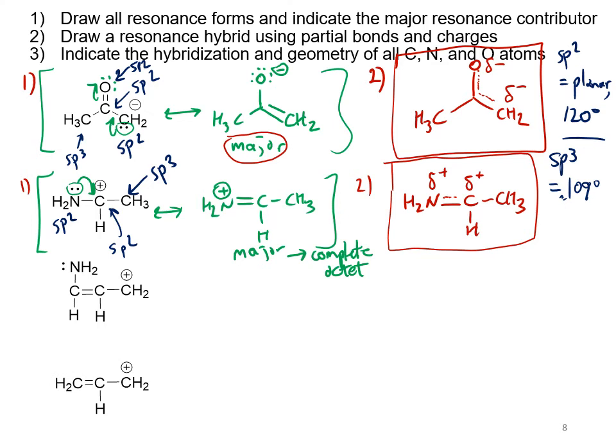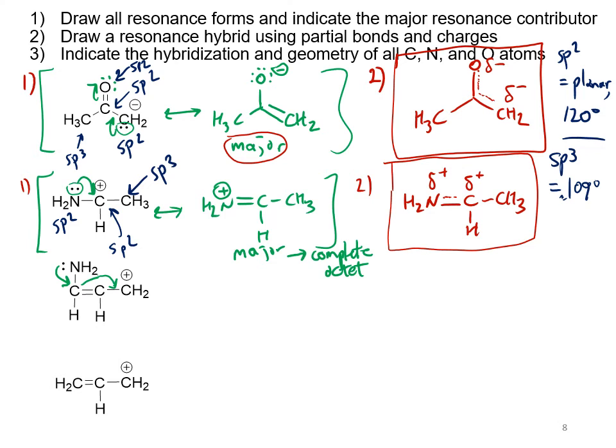All right, next example, we have nitrogen next to an sp2 hybridized carbon, a carbon with double bonds. And now these electrons have to go somewhere in this pi bond. And so they can move to the carbocation.